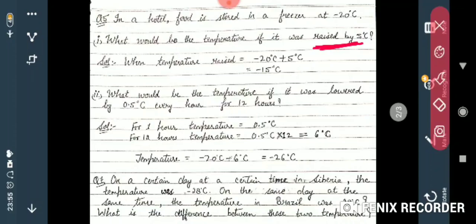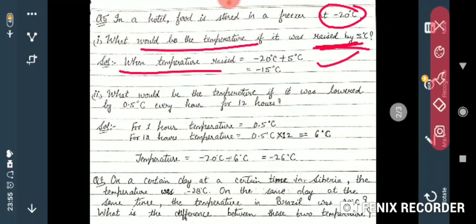When you increase the temperature, what will you do? You will add. The actual temperature is asked in the question. So -20 degrees Celsius plus 5 degrees Celsius. What will you get? -15 degrees Celsius.